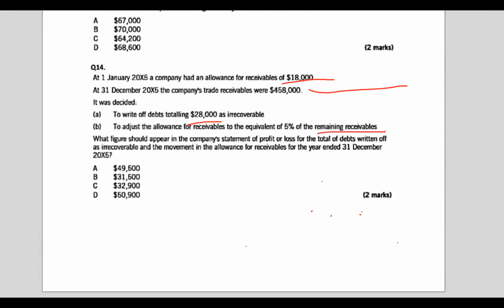What figure should appear in the company's statement of profit or loss for the total of debts written off as irrecoverable and the movement in the allowance for receivables for the year ended 31st December 2015? Okay, solutions.